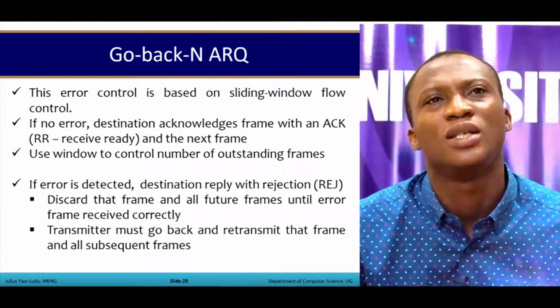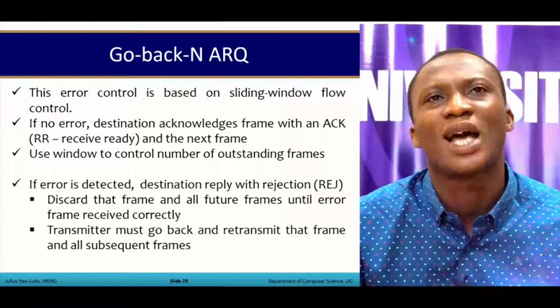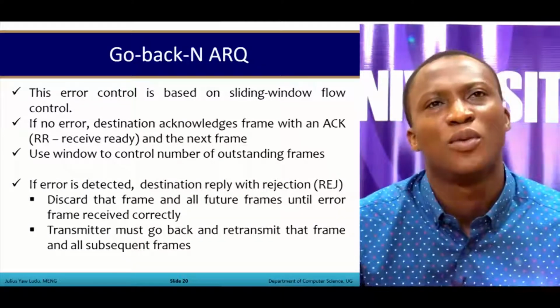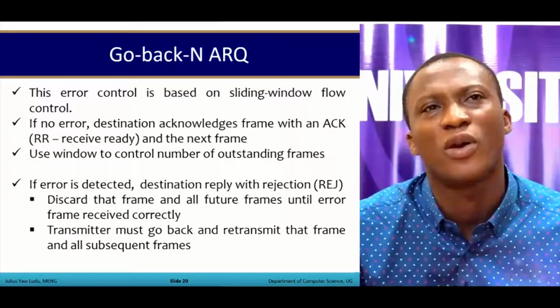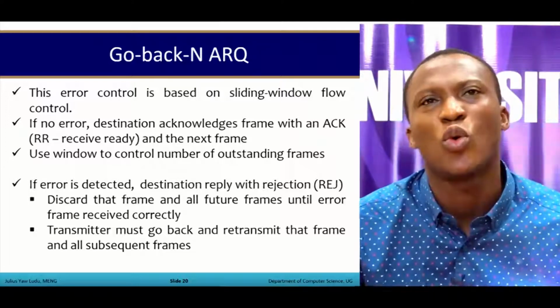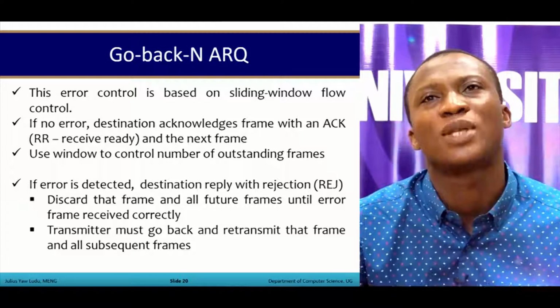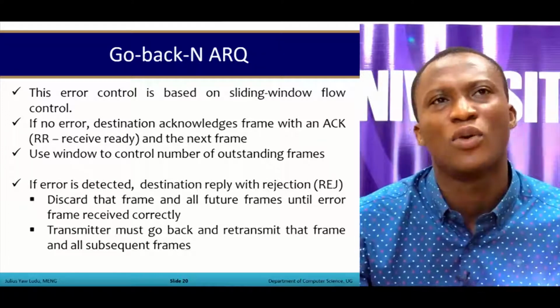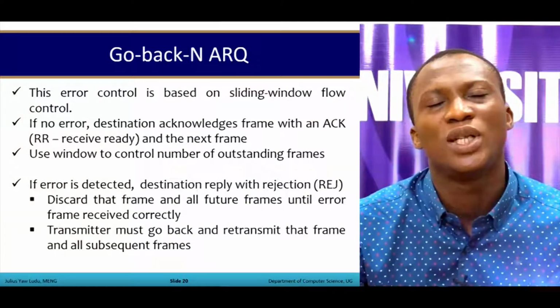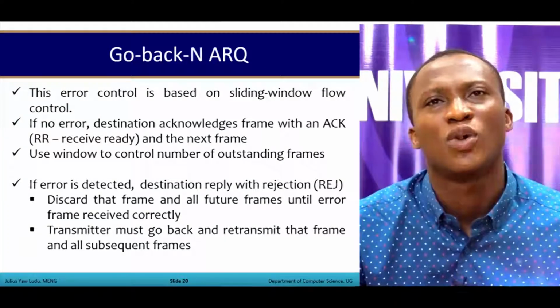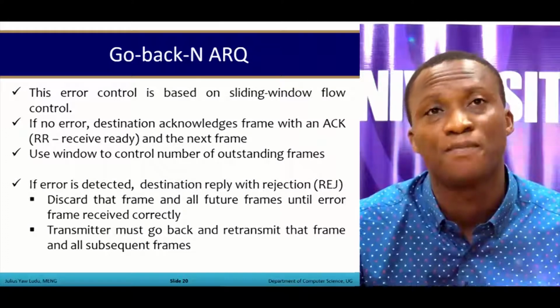Reject, R-E-J. It discards that frame and all future frames until the error frame is received correctly. The transmitter must also go back and retransmit that frame and all subsequent frames. So once there's an error, we discard all frames and all future frames that were transmitted or will be transmitted.